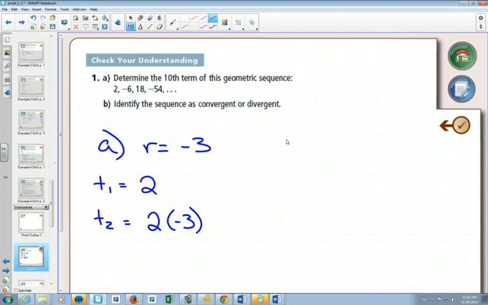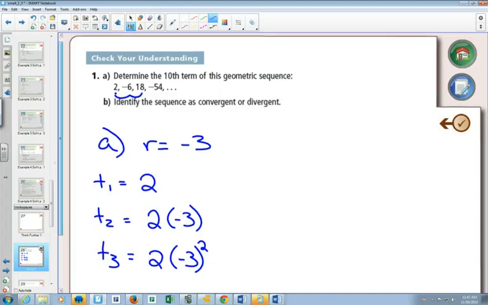If I started from my first term and I wanted to get to 18, how many times would I multiply by -3? Twice. So I'd start with my 2, and then I'd multiply by -3 twice. To show multiplying something 2 times, we can use an exponent. That would be multiplying twice.